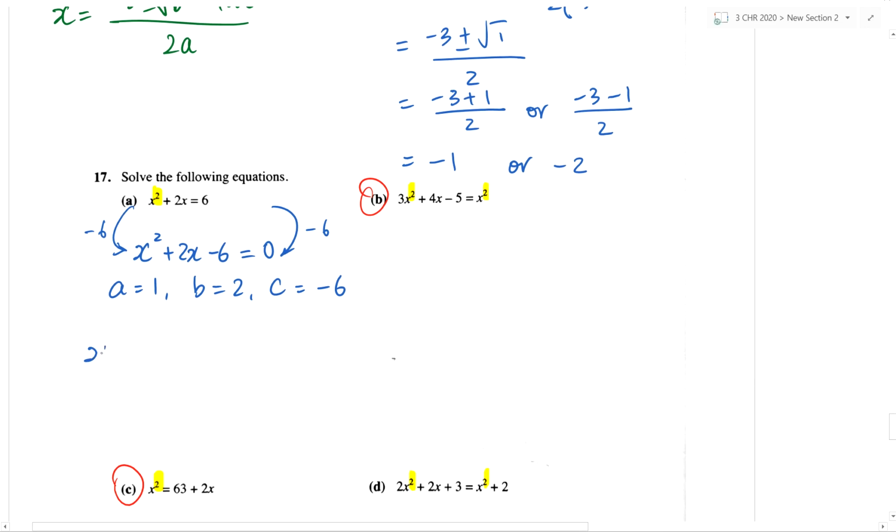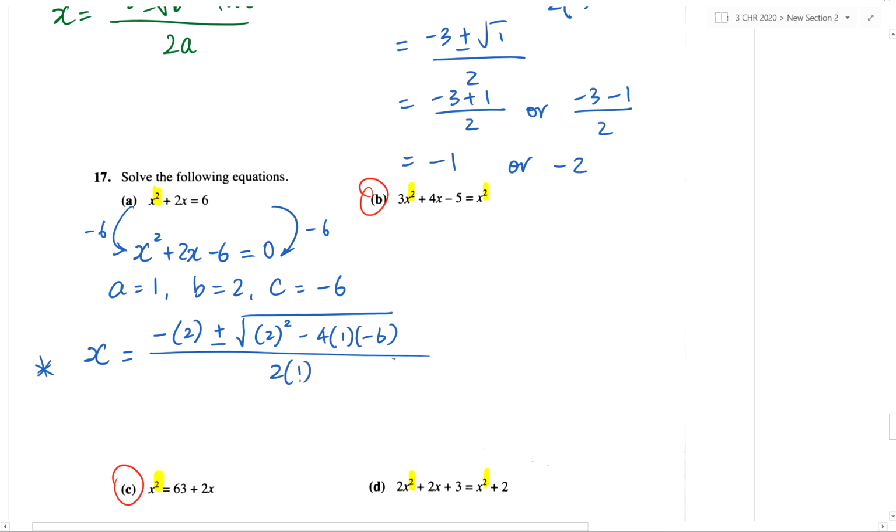Write down x equals, it is important that you write this down, x equals minus b plus minus square root b squared minus 4ac over 2a. Continue. Negative 2 plus minus, use your calculator to help you, 4 plus 24, which is square root of 28, divided by 2.